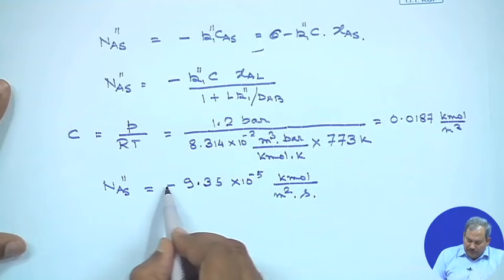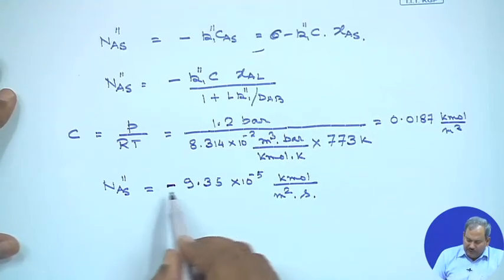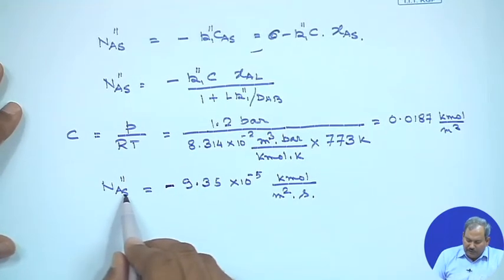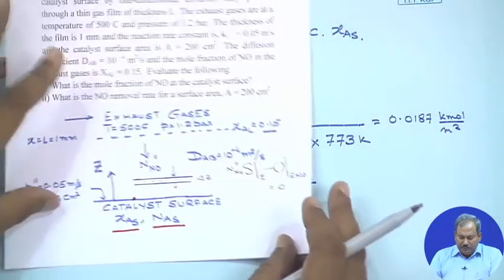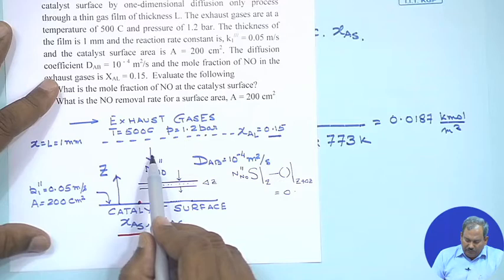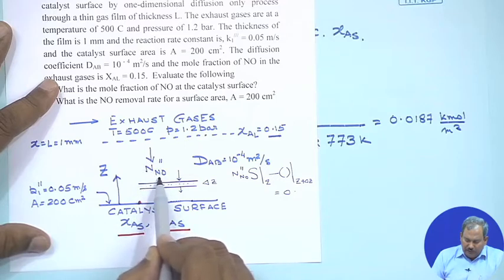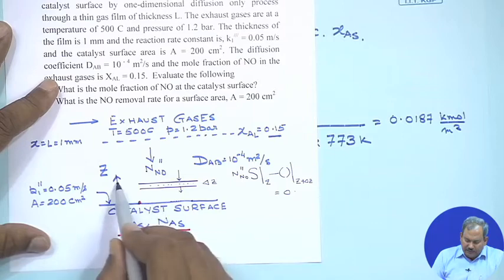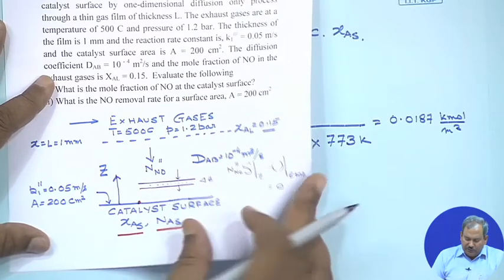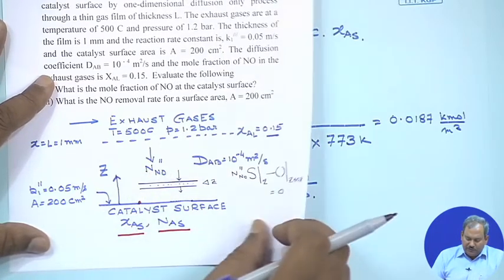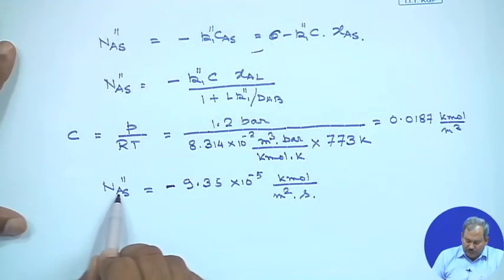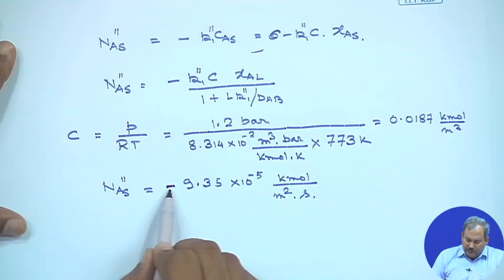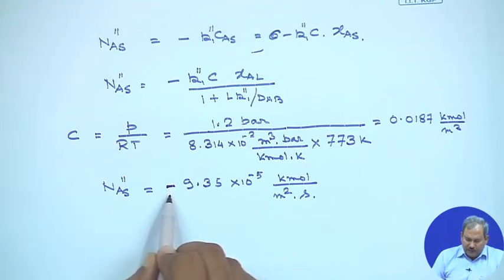Note the negative sign that appears in the value of N_A double prime S. If you look at the picture once again, the flux of NO, nitric oxide, is essentially in the direction of minus Z. So, that is why when I write the molar flux of A, it is going to have a negative sign in front of it.